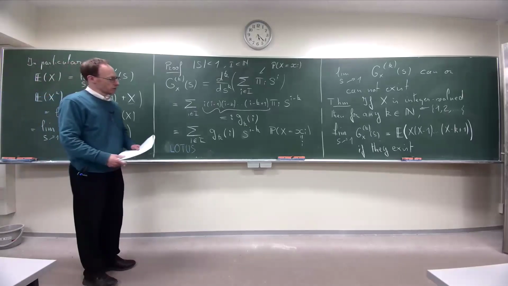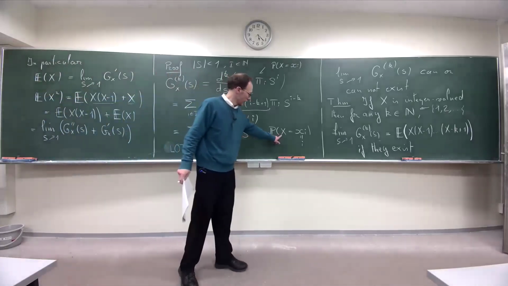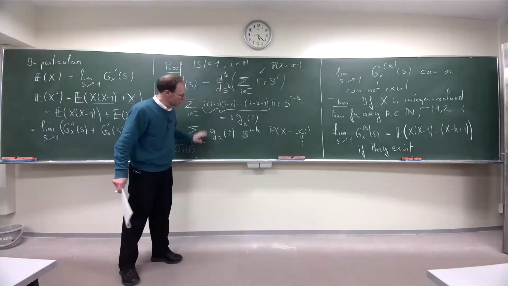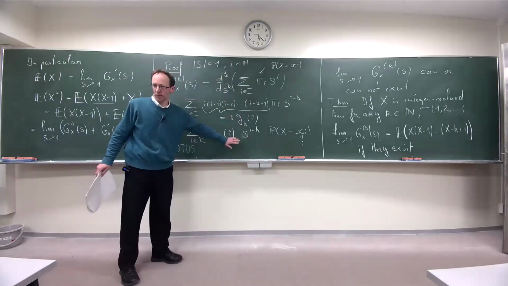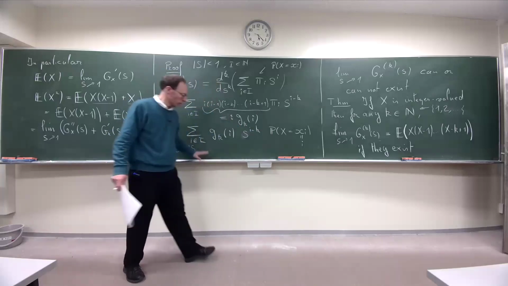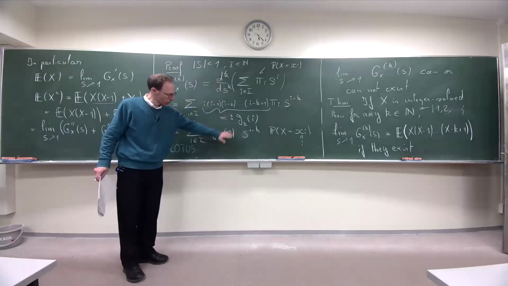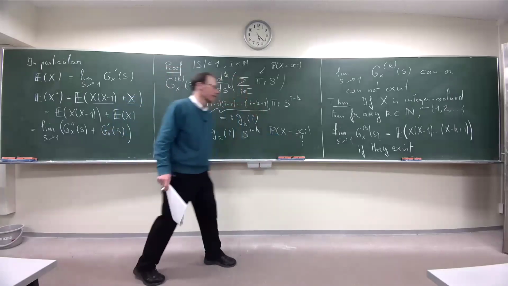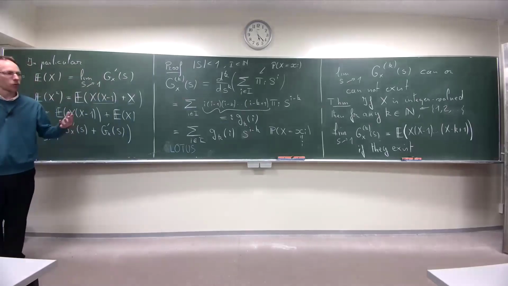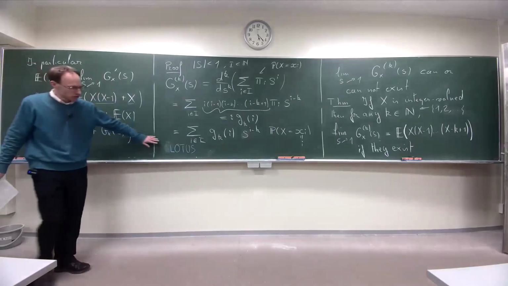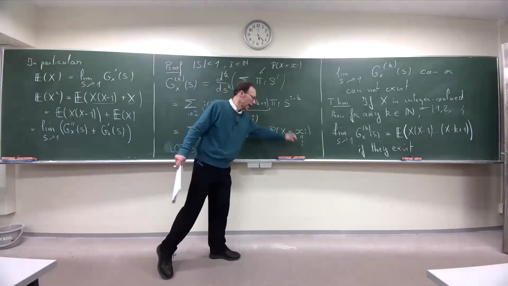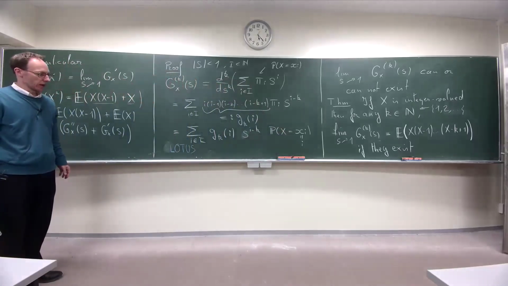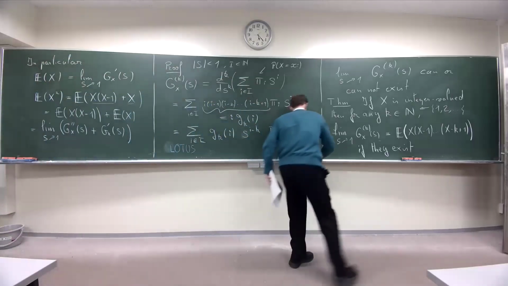So if you look at Lotus, you had indeed the probability of X equal to xi, and then a function of xi. But here I don't have a function of xi, I have a function of i. And this is where it's important that xi is i, and this is why if you want to use Lotus, you need xi to be i, and so you need an integer valued random variable.